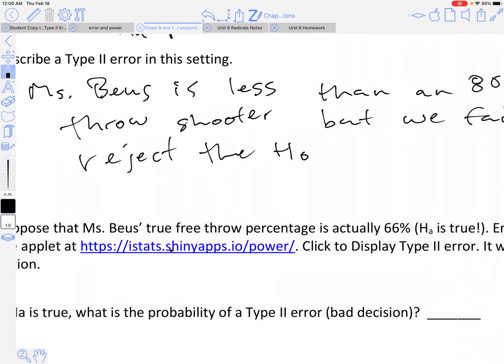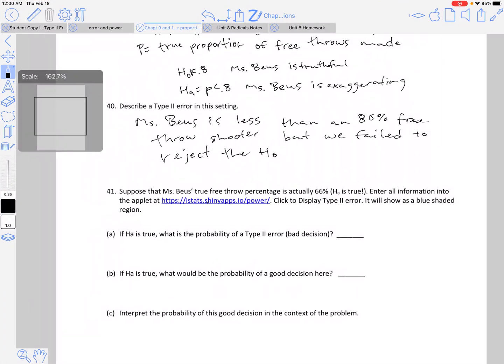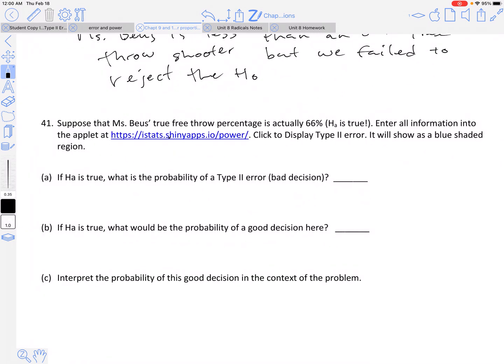All right. So let's talk about what we just saw. Okay, if the alternative is true, what's the probability of a type 2 error? So it told us that we had a 24% probability. So I want you to kind of think about that. If we take 1 minus the power, we're going to get that right there.